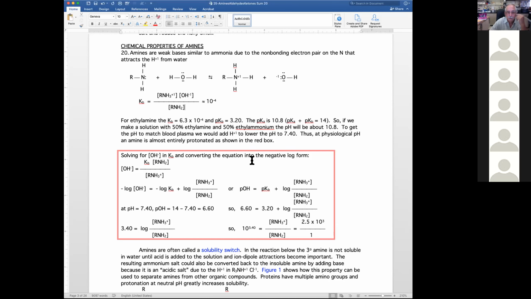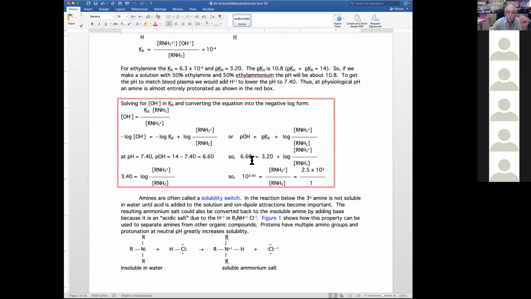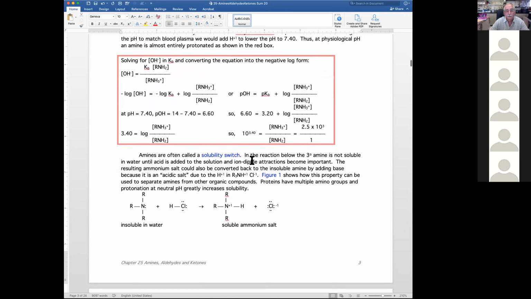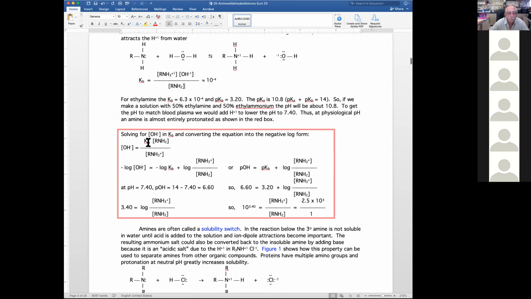Okay. So I put this in a red box, which means that you don't have to know how to do this or anything. What I did here is I solved for this right here, right? Took the negative log of it, which gives you the pOH.